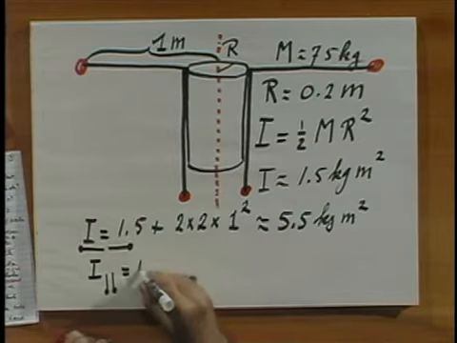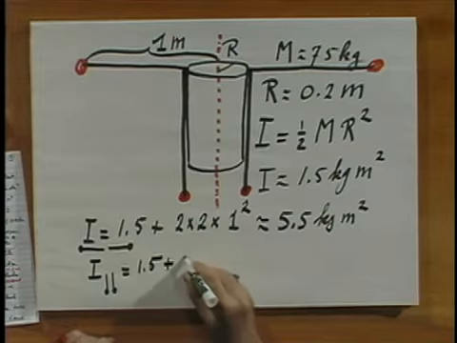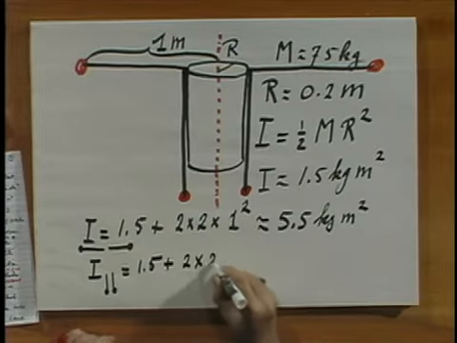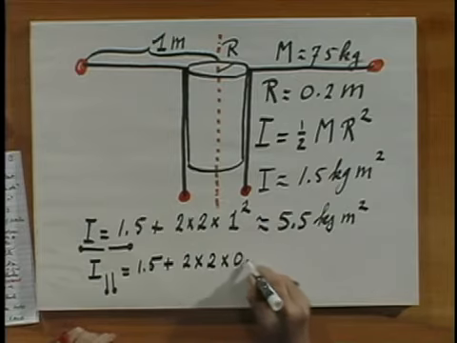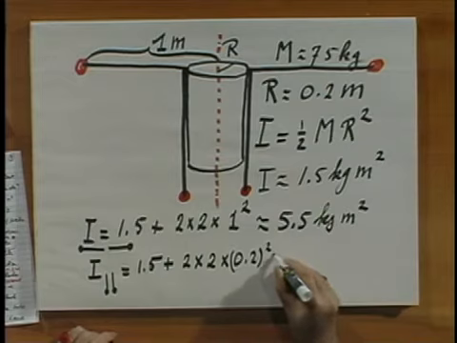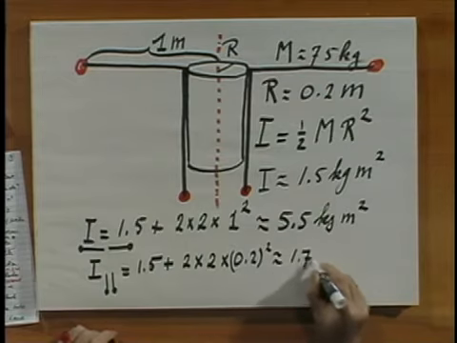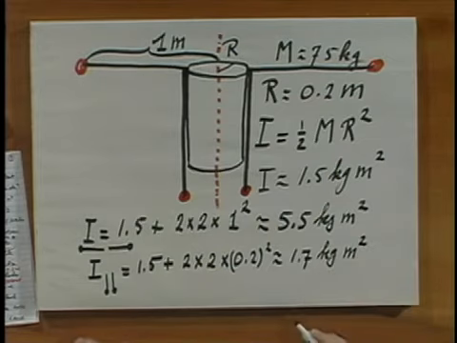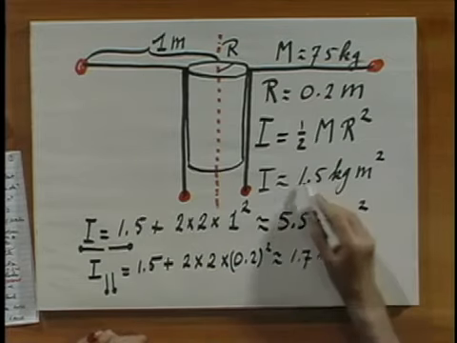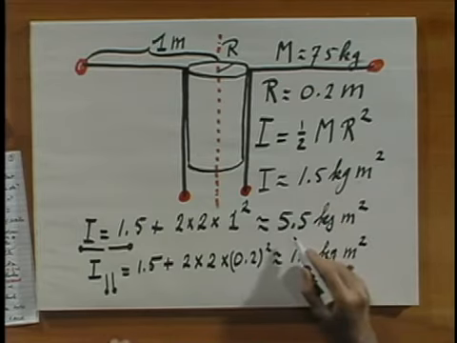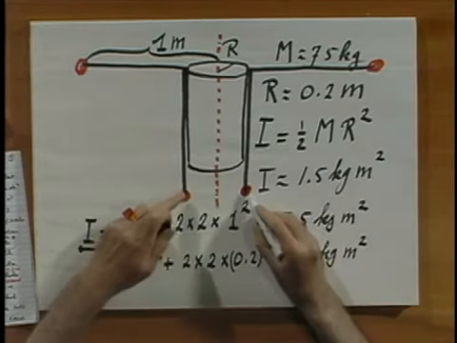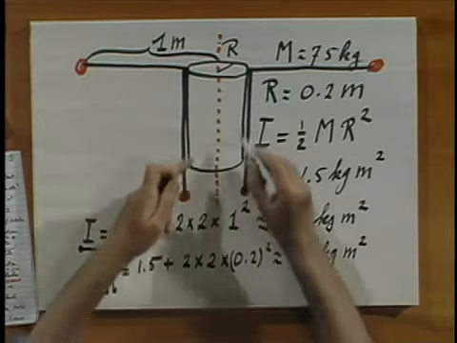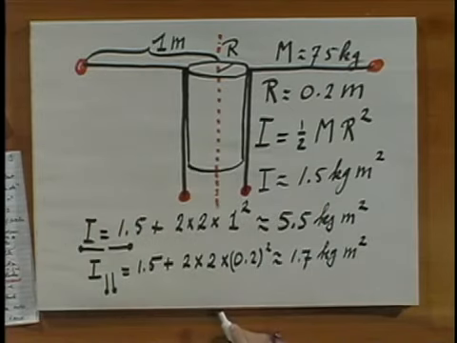So we get the 1.5 plus 2 times 2 times 0.2 squared. And that is about 1.7 kilogram meters squared. Notice that it is not very much larger than the 1.5 that we had earlier. The reason, of course, is that we bring these two masses now so very close to the body.